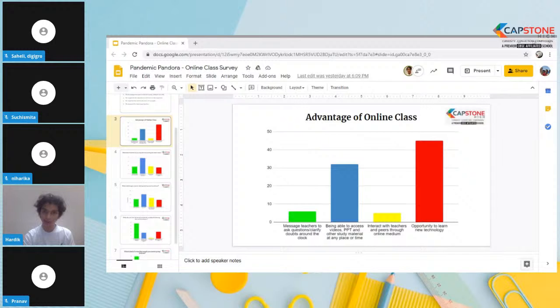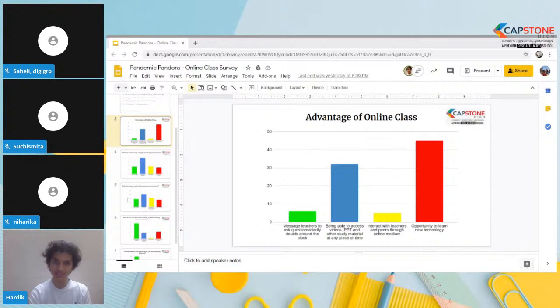The most chosen option was an opportunity to learn using new technology. We all have heard or read about predictions of complete digitalization of the education system sometime in future. However, our education system in India was slow to adapt it.